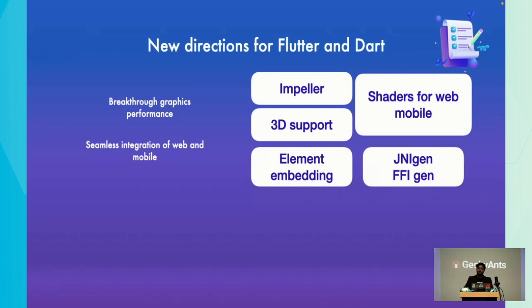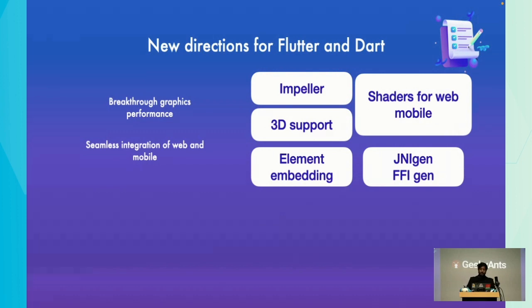Basically, you can generate your code for JNI and FFI. If you're wondering what JNI and FFI are, they are a way to interact directly with C code or Rust or any other language. You don't have to create multiple layers. With this, you can directly connect with those low-level languages.